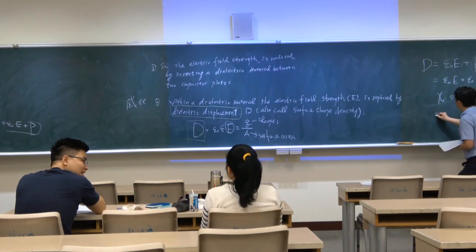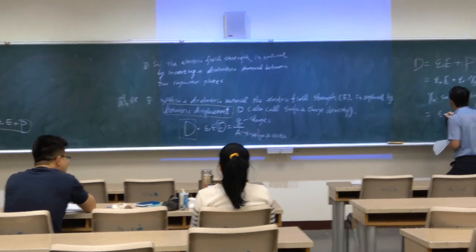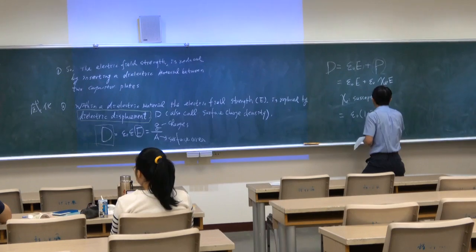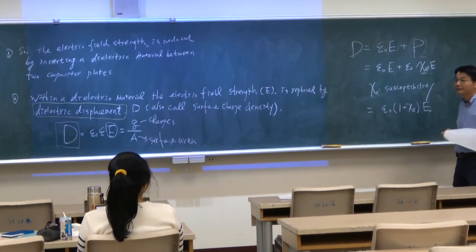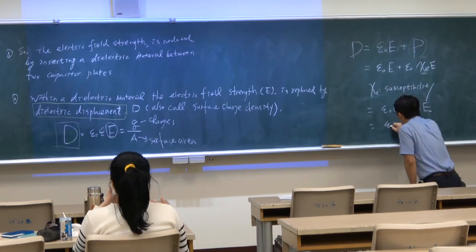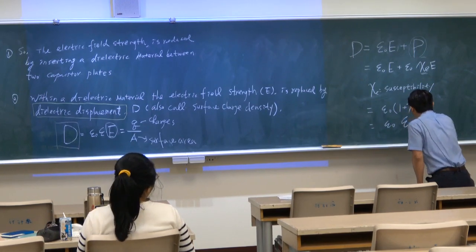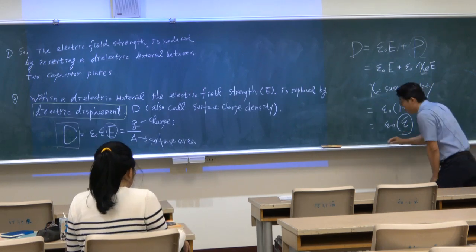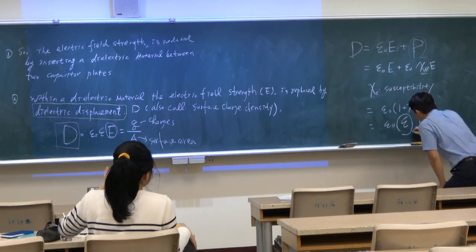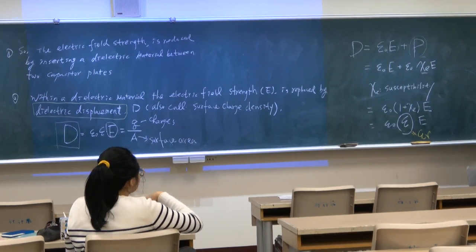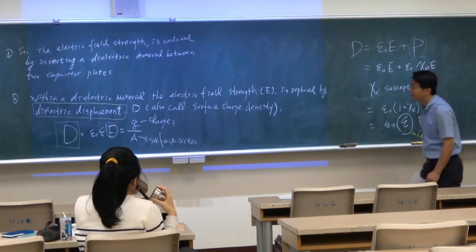Then we can rewrite this as epsilon 0 times 1 plus chi E. So this will be equal to epsilon 0 times epsilon. This term, someone also calls relative epsilon.